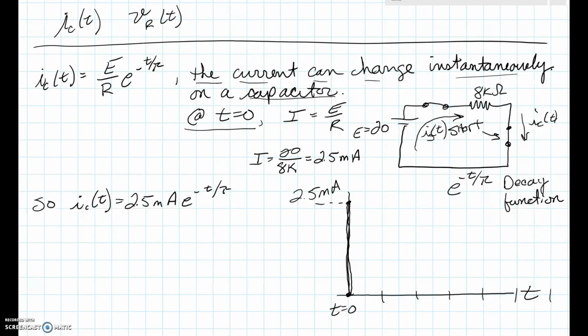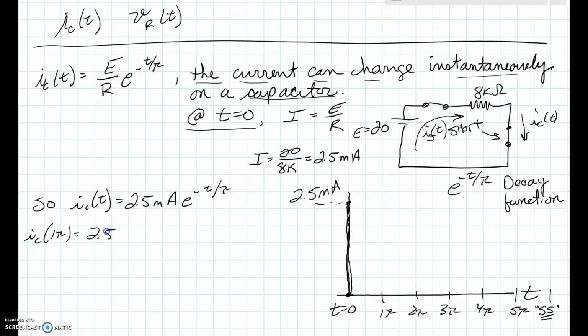And now, again, if we do this a little bit quicker, and just say that this is 1 tau, 2 tau, 3 tau, 4 tau, and 5 tau. And remember, anything beyond that is what we call steady state.